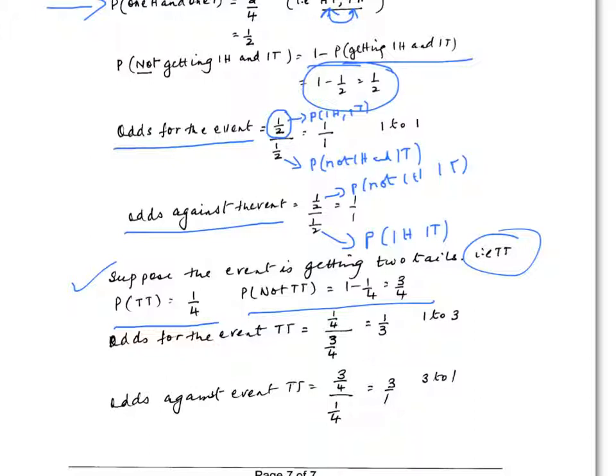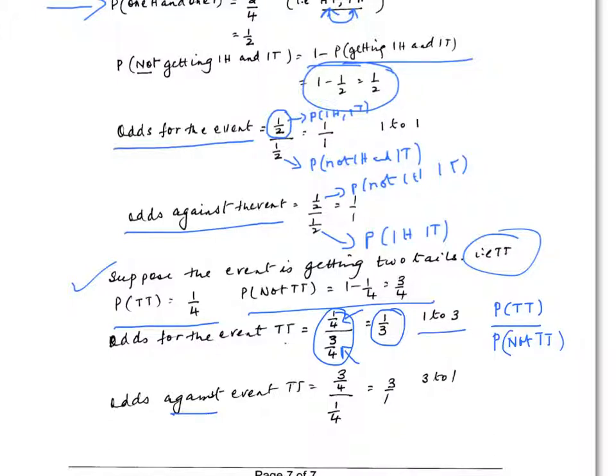Odds for the event is the probability of the favorable event, getting TT, over the probability of not getting TT. So 1/4 divided by 3/4 is 1/3. So the odds for the event of getting two tails is 1 to 3. It's 1 over 3, which is the same as 1 to 3.